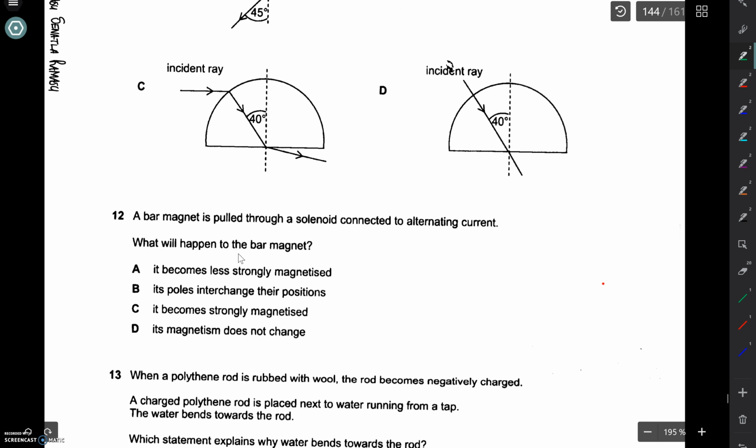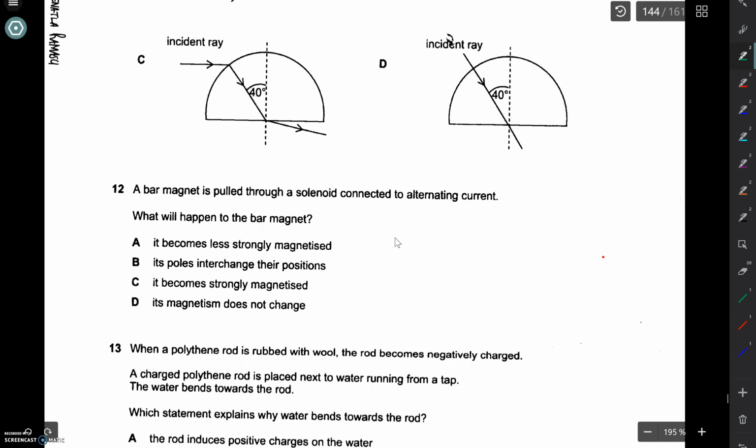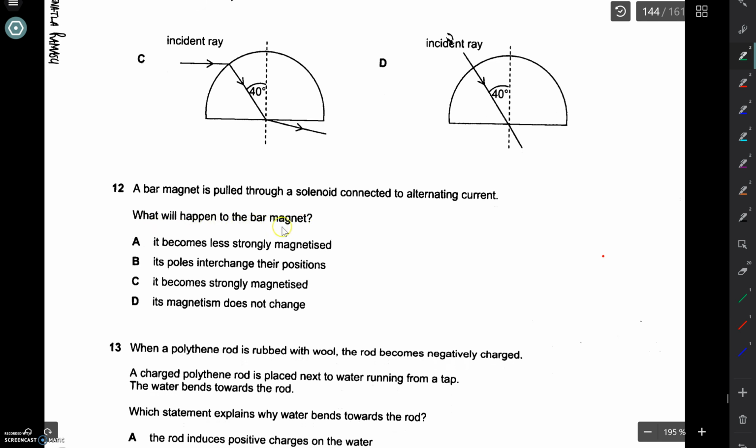Question 12 says a bar magnet is pulled through a solenoid connected to an alternating current. What will happen to the bar magnet?